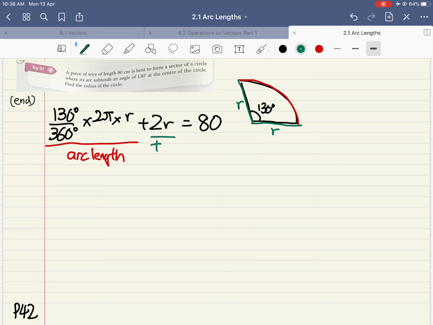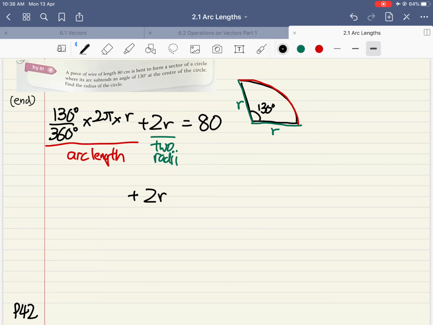So I add plus 2r. These are the 2 radii, because the entire wire makes up the entire sector. Now if I start to simplify my equation, let me move the 2r over here to avoid confusing you.